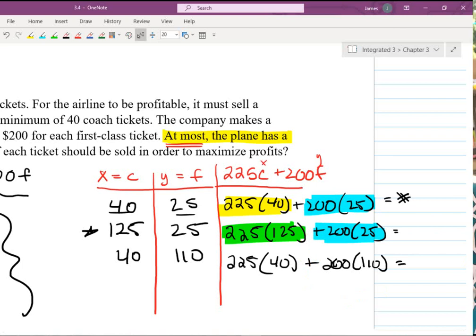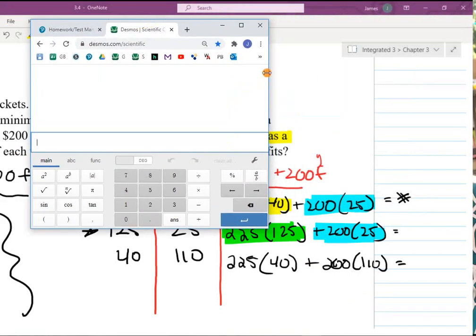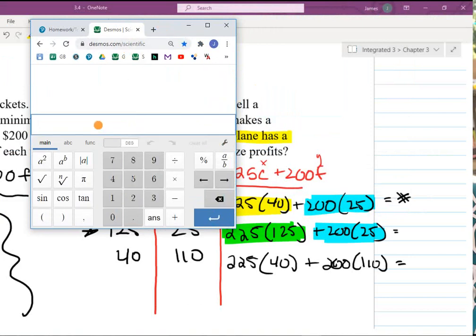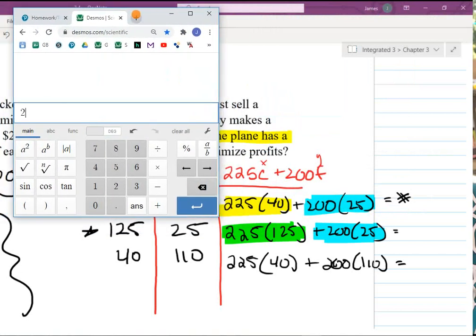But when we evaluate, I'm going to evaluate all of them just to convince you of that little strategy. This is what I like about using Desmos, and hopefully you guys are getting used to it. I can type in 225, either C or in this case X, it doesn't matter, and then 200F, and I can just say I want C to be 40, and I want F to be 25.